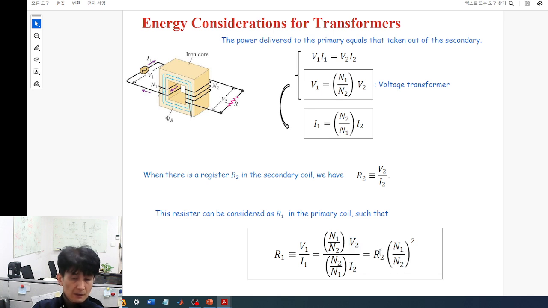So that's the relation. If N1 is 2 and N2 is 4, this is 1 over 2, the square of this is 1 over 4, so R1 is equal to R2 divided by 4.